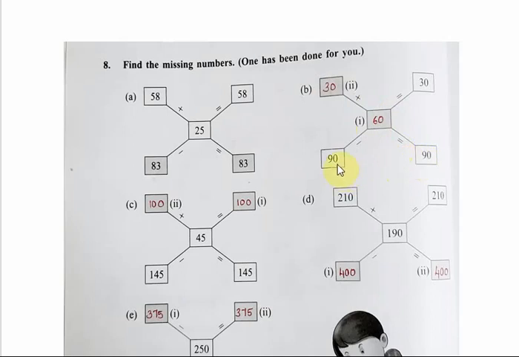So in that case, what will we do? We will take this one. See, 90 minus dash is equal to 30. Here one number is missing. Two numbers are given, so this we can find out. Here 90 is the minuend. This is the subtrahend, and this is the difference.